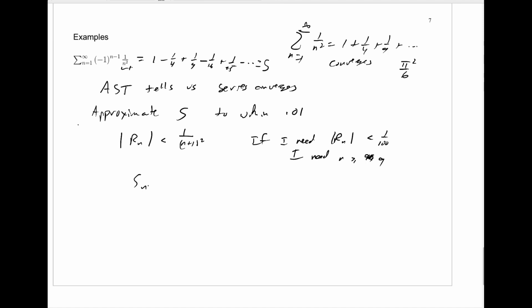So S sub 9, which is exactly 1 minus a fourth plus 1/9 minus 1/16 plus 1/25 minus 1/36 plus 1/49 minus 1/64 plus 1/81. This isn't exactly the full sum, but this is correct.